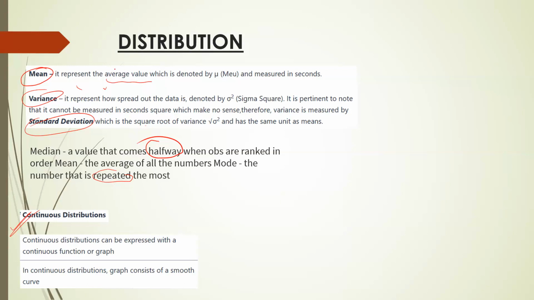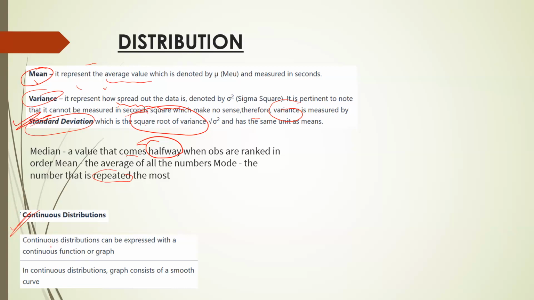Now, variance helps to represent how spread out the data is, that is, how diverse the data is. Remember, variance is always measured in terms of standard deviation. Standard deviation is the square root of variance.